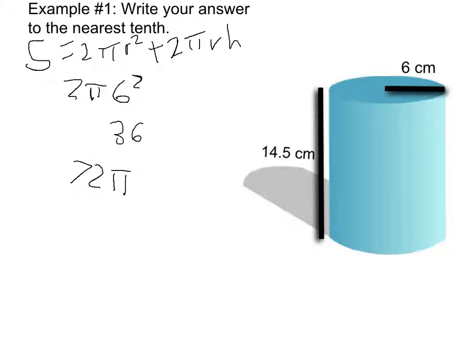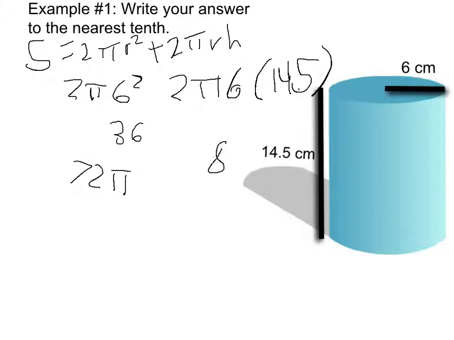Now we have to do the other side of the equation. You just put in 2 pi, then 6, which is the radius, and 14.5, which is the height. First, you do 6 times 14.5, which equals 87.